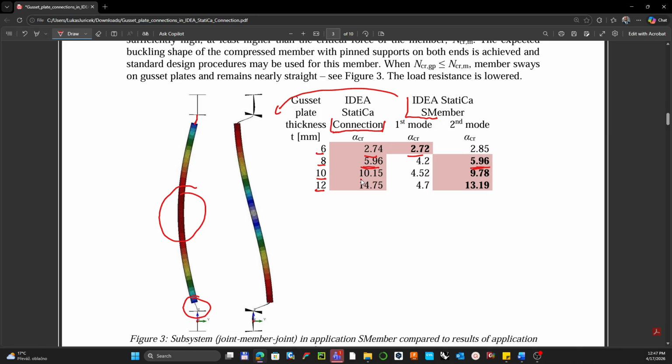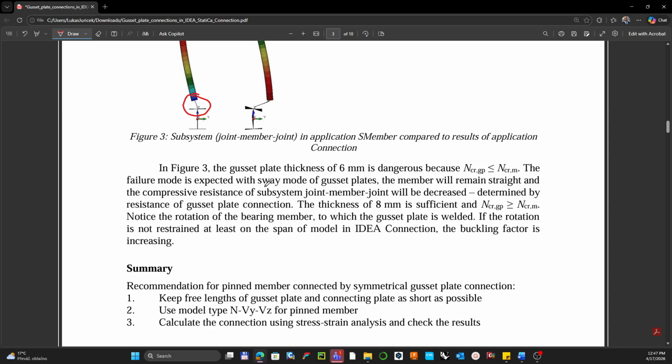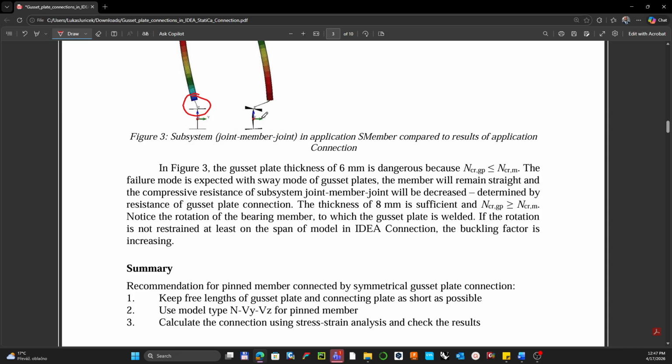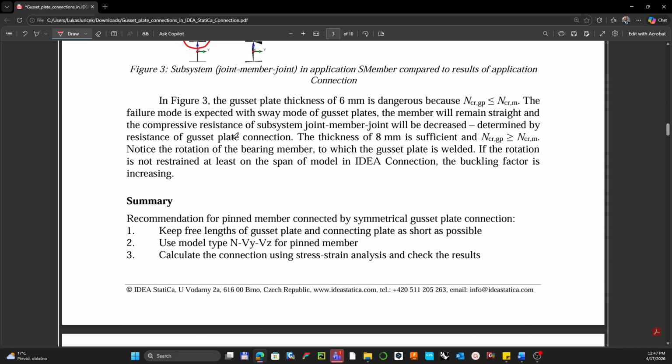Once we come to the thicker plates, the discrepancies between the critical factors become higher. Scrolling down, we get the summary, and right now I'm talking about the symmetrical connections, the symmetrical gusset plate.